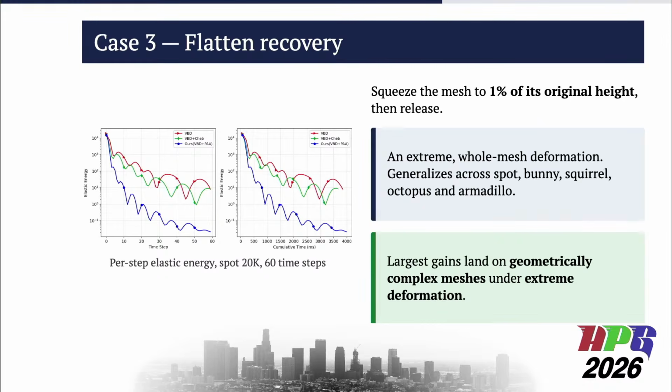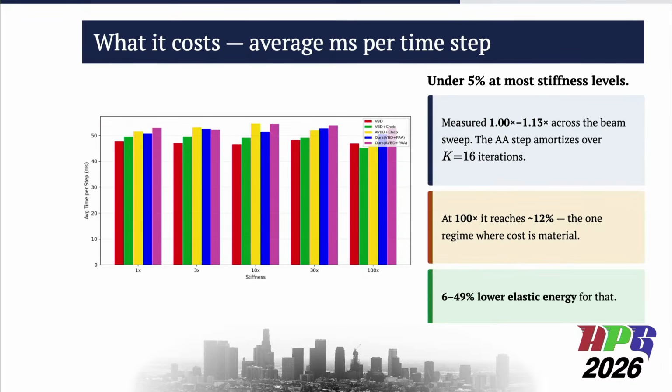And this is the energy graph. We measured the performance with various mesh resolutions, and we found the overhead is nearly 0 to 10% approximately, and it can achieve 6% to 49% lower elastic energy with this overhead.